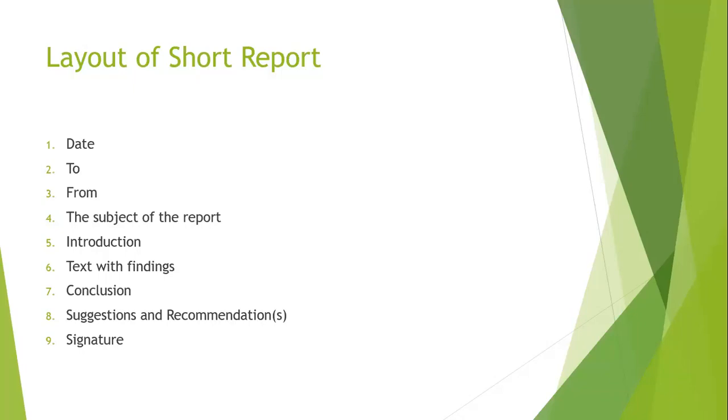Now here it is very much clear that you are going to write to the editor, newspaper, name the newspaper, and then city ABC, and from staff reporter, the name of the newspaper, and name of the city.